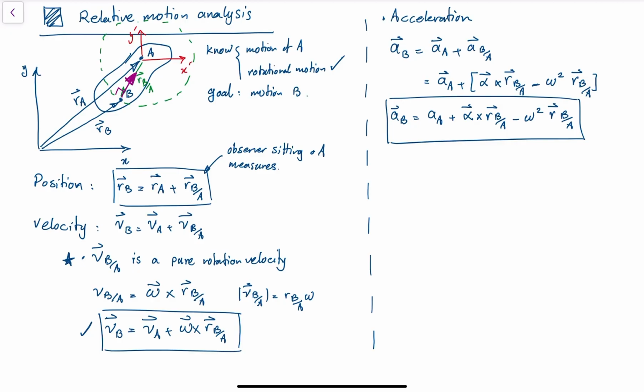So I have centripetal acceleration, and the tangential or transverse acceleration, that is alpha cross r. We have these two, add those to the acceleration of the observer itself, that is a_A. Let me delete these. And that gives you acceleration of B.